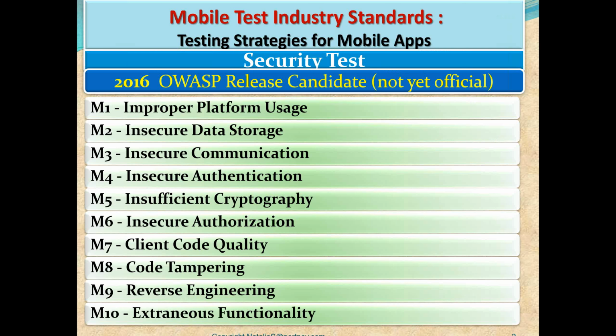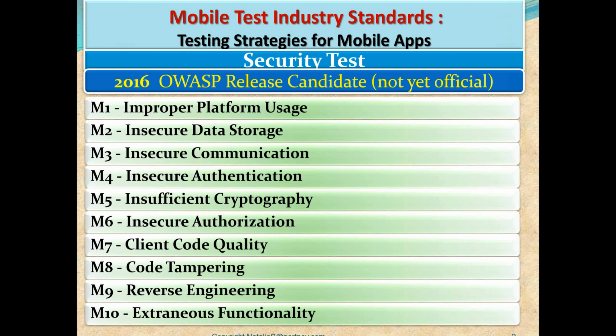So basically, improper platform usage covers misuse of a platform feature or failure to use platform security controls. It might include Android intents, platform permissions, misuse of Touch ID, the keychain, or some other security control that is a part of the mobile operating system. So there are several ways that mobile apps can experience this risk.